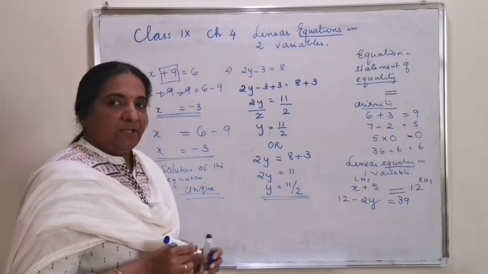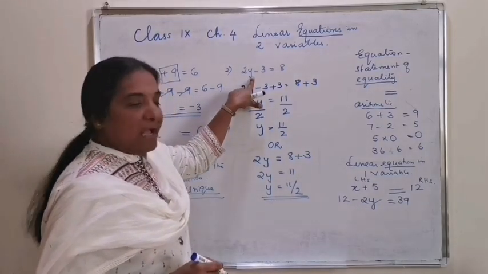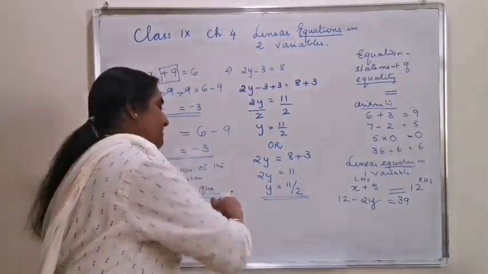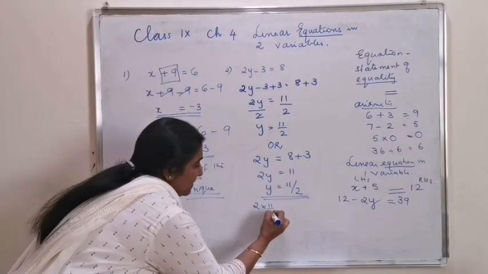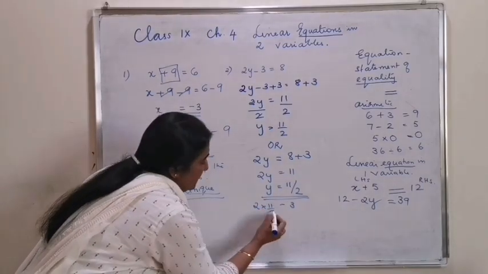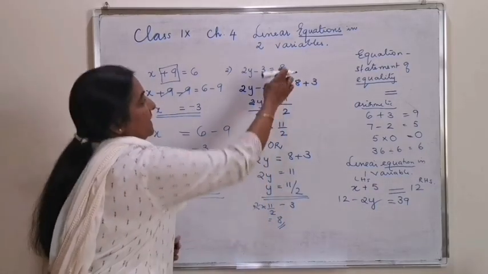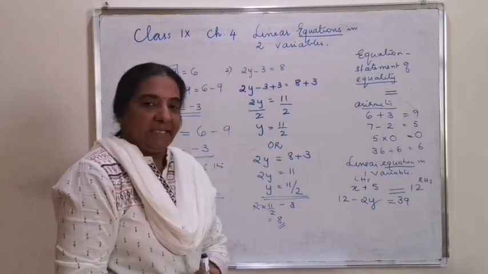That is, if you substitute the value as 11 by 2, 2 into 11 by 2 minus 3, 11 minus 3 is 8, and the right hand side is also 8.